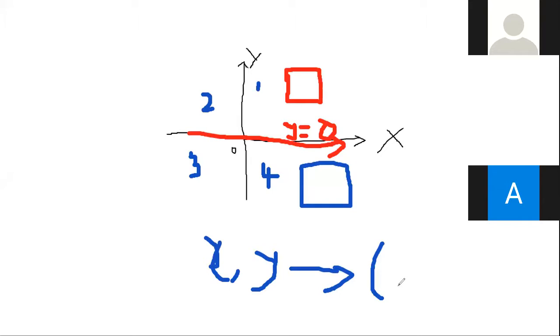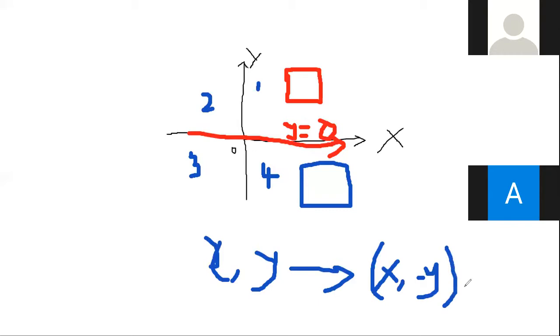So the x will be normal x, and then the y will be minus y, because it's at the bottom, and the bottom is minus y. So you are saying that your image will be x, comma, and then negative y. That gives you the image here.